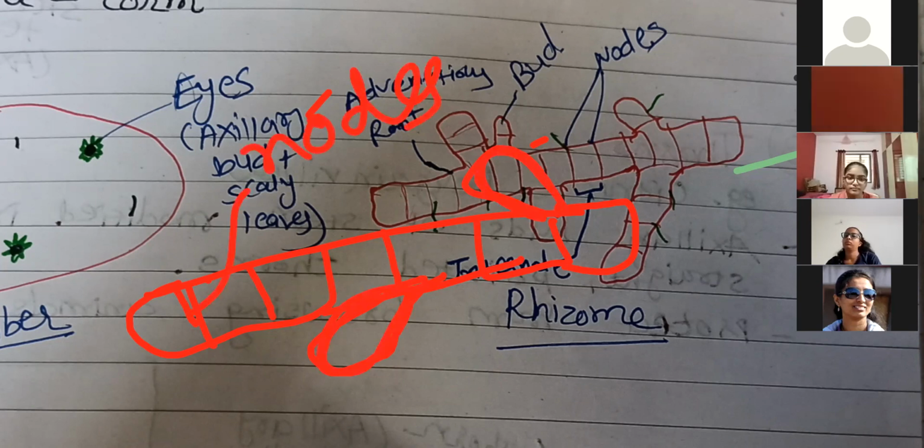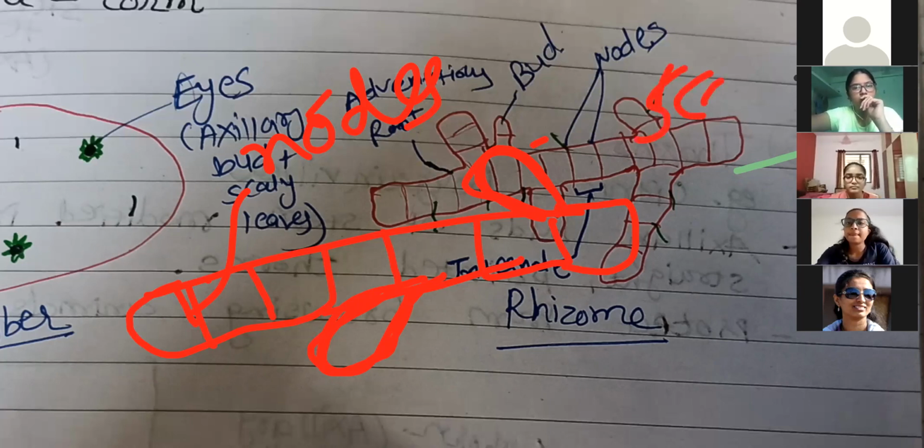And over here, near the nodes, if you have fresh ginger, just rub your hand on the ginger, you can feel that some transparent structure is present on it. One transparent structure is present, right? And those are scaly leaves.